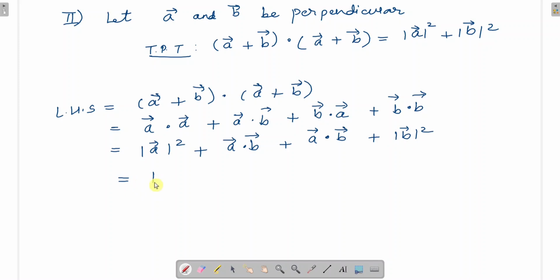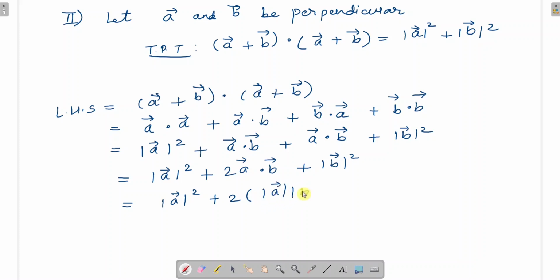So this will be equal to magnitude of A bar square plus, so this is 2 times A bar dot product B bar, right, plus magnitude of B bar square. So this is equal to now magnitude of A bar square plus 2 times, now you know the definition of A bar dot product B bar, it is magnitude of A bar magnitude of B bar cos pi by 2.